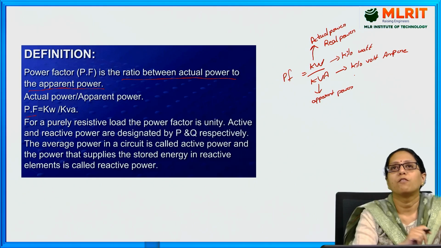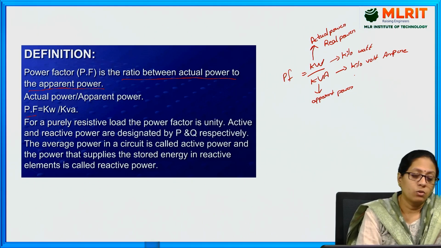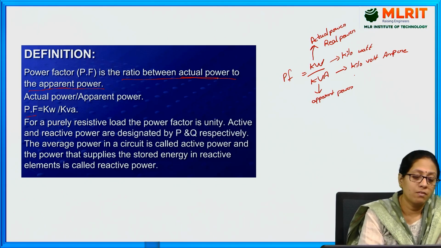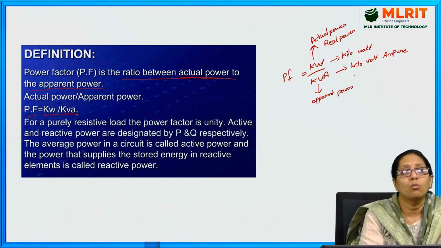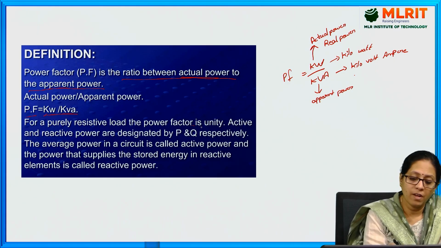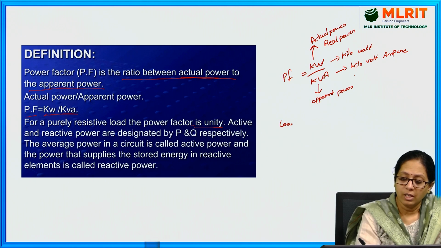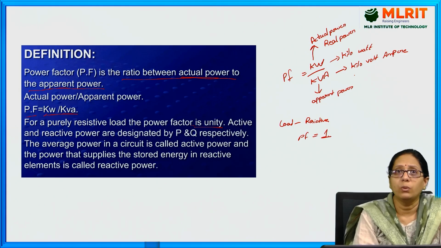Both are different forms of power in the AC case. For a purely resistive load, the power factor is always unity. When the load is resistive, the power factor will always be equal to 1.